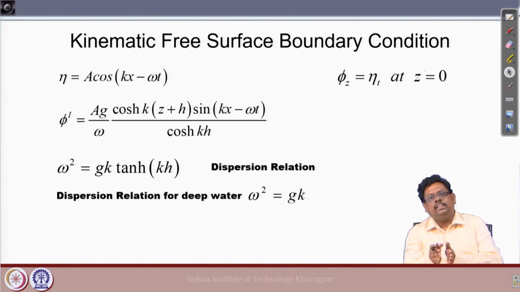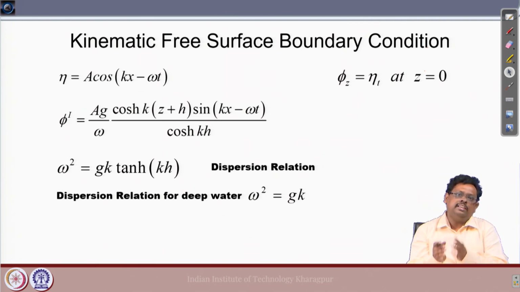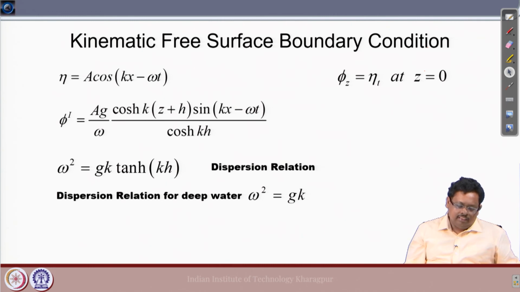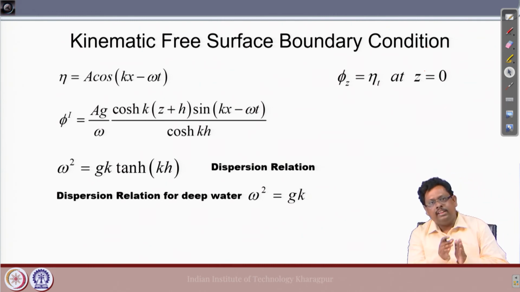We are going to use this result in future, because in ship hydrodynamics we are mostly dealing with conditions where you can assume that the water depth is infinite. However, the physics part of it is definitely very important, and one can discuss it separately in other courses, but here we are focusing only on the numerical part of it.